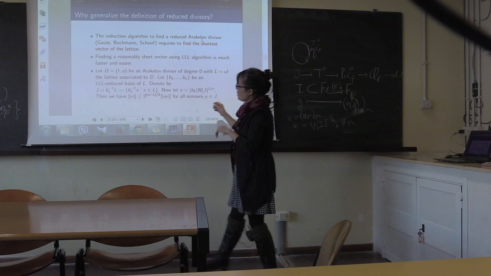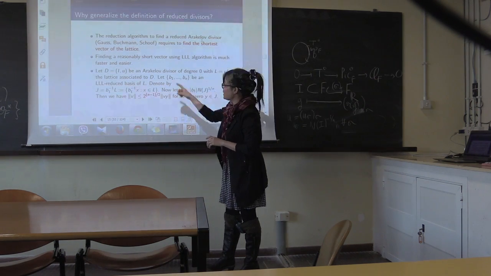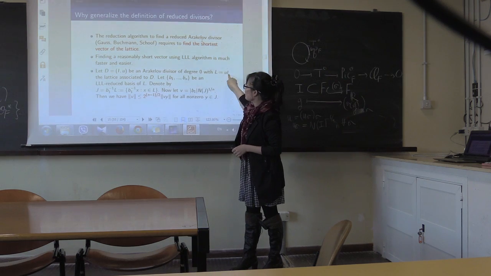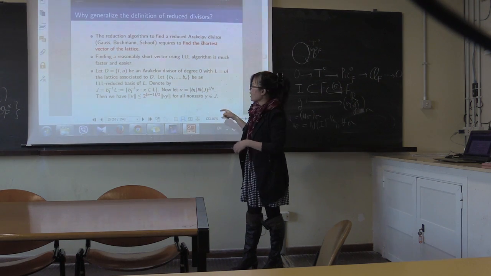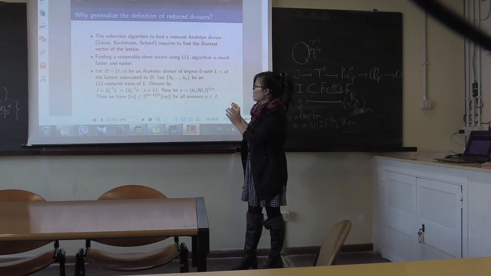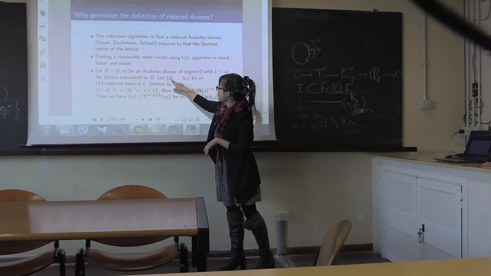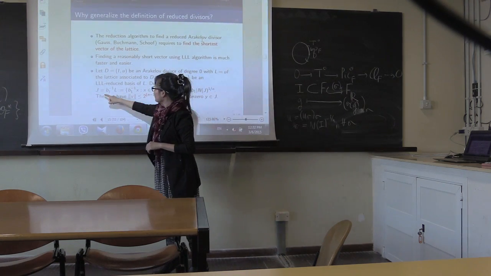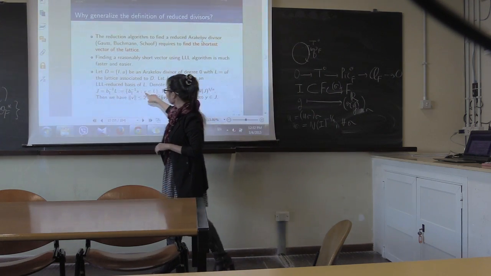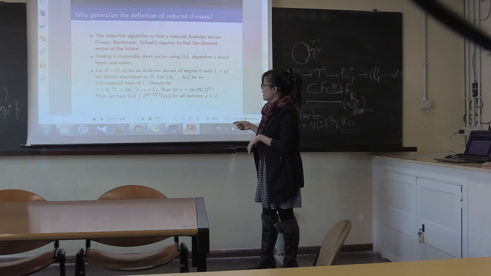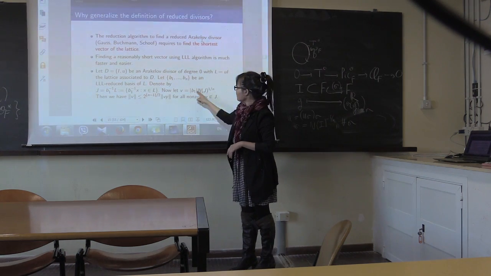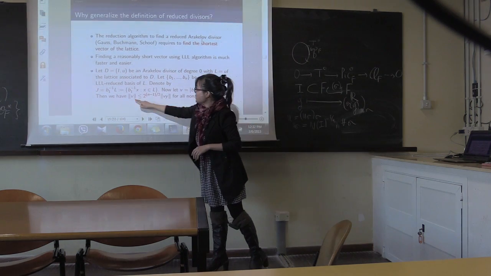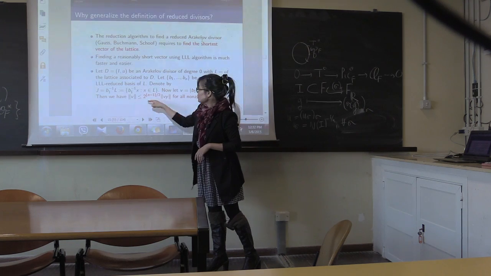Here, if we have a divisor D of degree 0, and we take L as the lattice associated to D, we can find an LLL-reduced basis of L, from b1 to bn. Then the fractional ideal J divided by this has the property that, if we take v as this vector in F_R, the length of v is bounded by this.